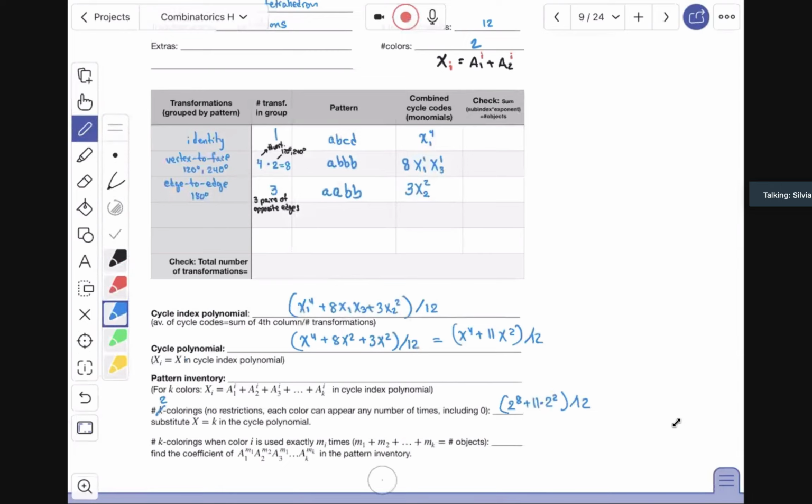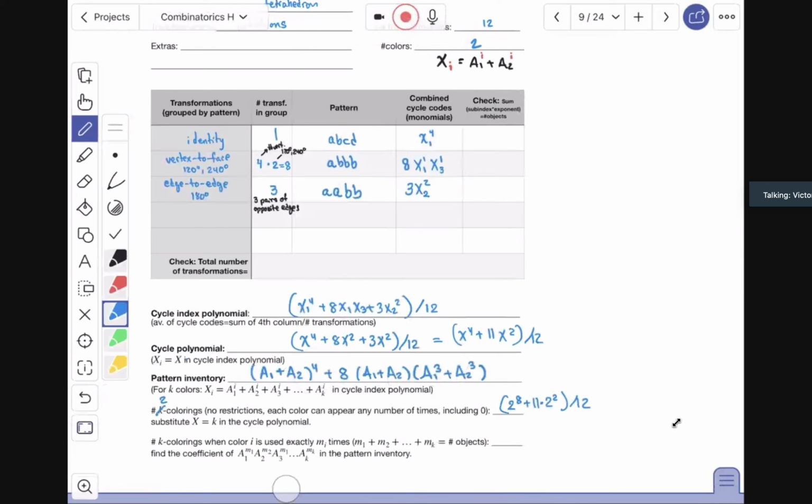I have A1 plus A2 to the 4, because the subindex becomes the exponent. Then plus 8 times A1 plus A2, and then the third powers. The subindex becomes the exponent.